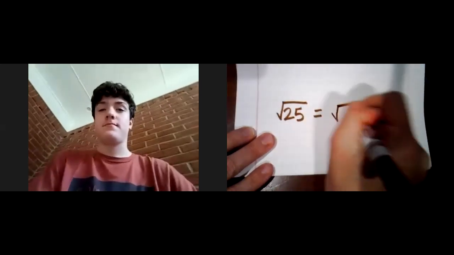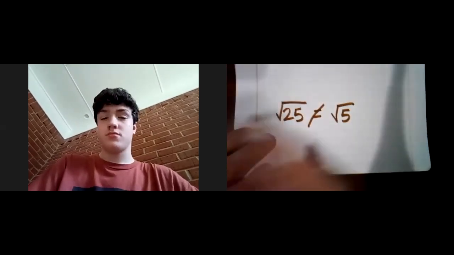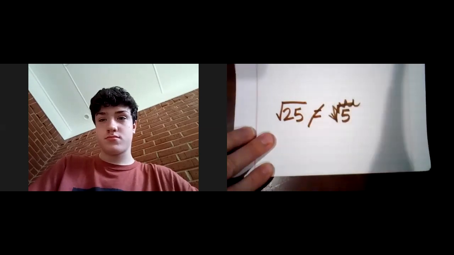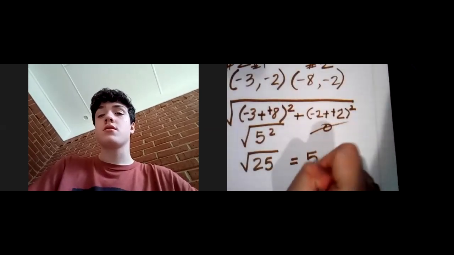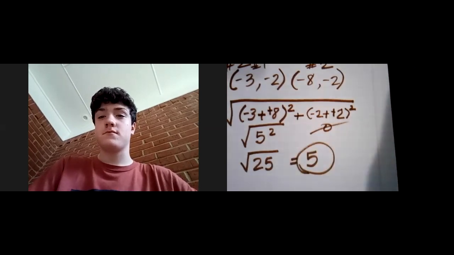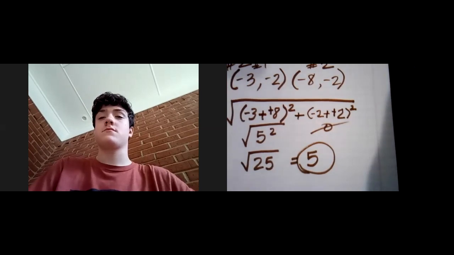This is not equal to the square root of 5. Okay? It is equal just to the 5. So up here, when I'm doing this, my distance is 5. Okay? So that was number 2.